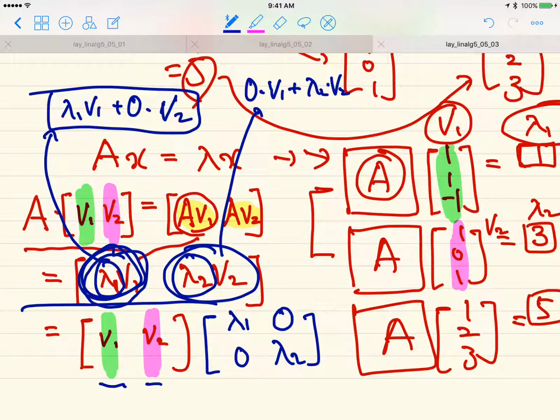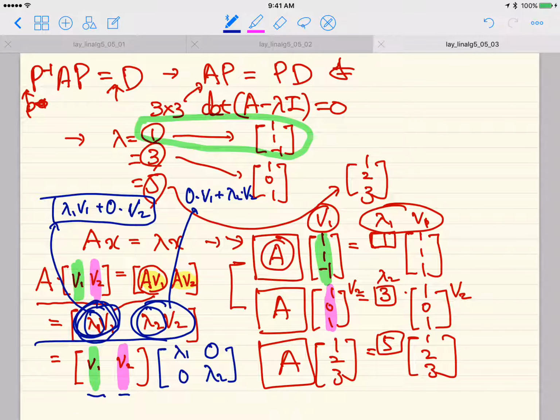Okay, and now let's use the last one as well. Okay, last one as well, and we start with the matrix A here, and on the right we just align our eigenvectors V1, V2, V3.